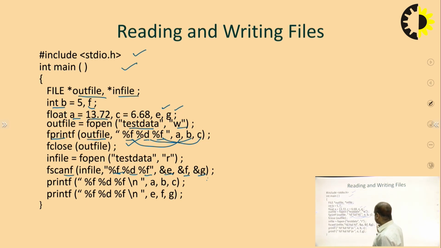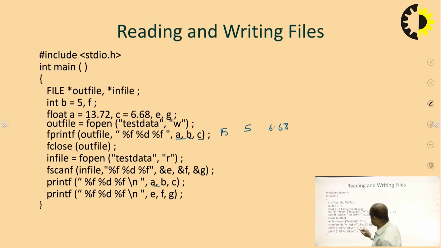So we are using the printf function, for the value of a, whatever we provide here. Suppose I am giving the value a is 15, b value is 5 and c value is 6.68, and here we are getting the output: the value of a equal to 15, b equal to 5 and c equal to 6.68.